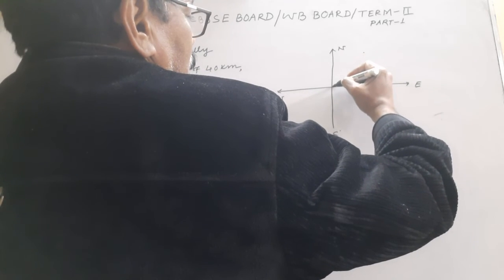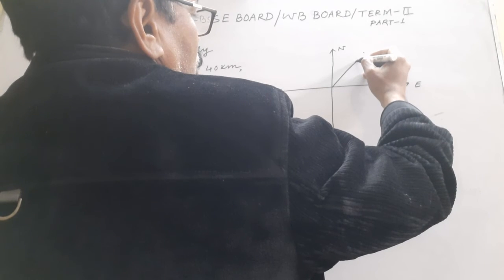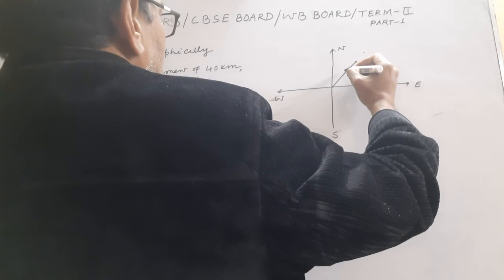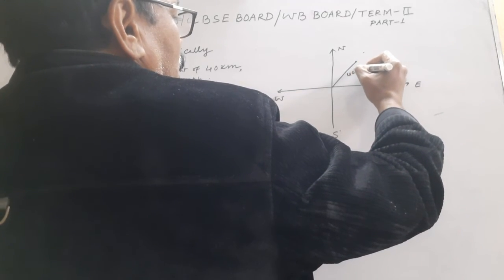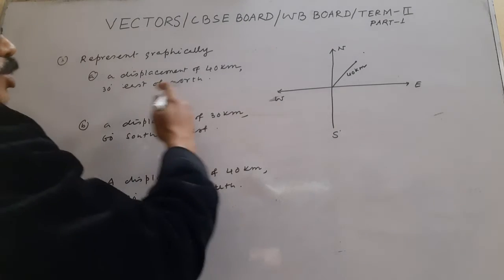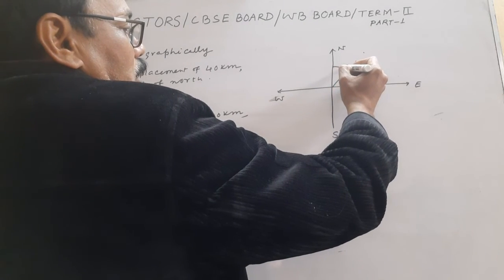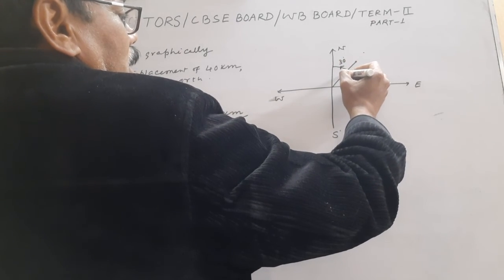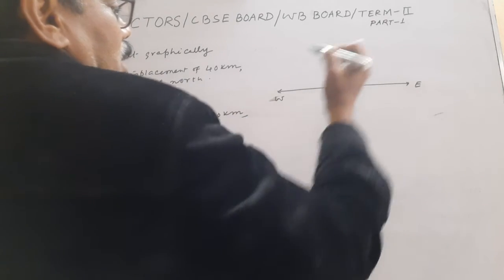Suppose this one is 40 kilometer, and the angle is to be measured from east to north. So this is 30 degree.